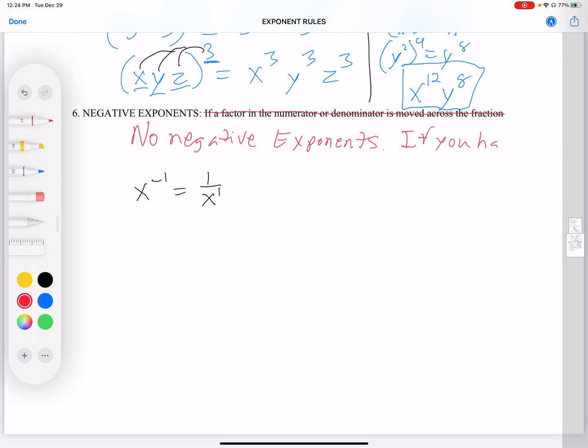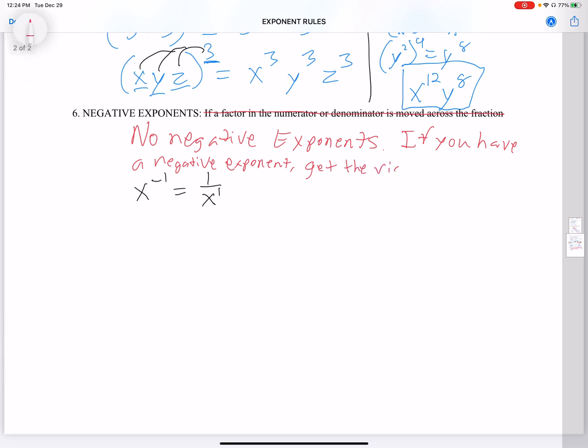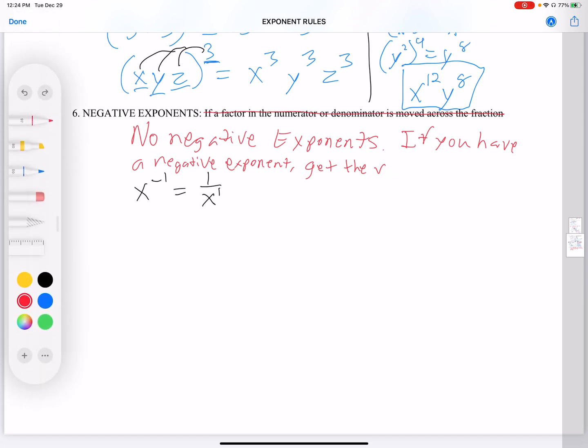This was also going to be in fancier terms than I wanted it to be. If you have a negative exponent, get the reciprocal of the base and make the exponent positive.